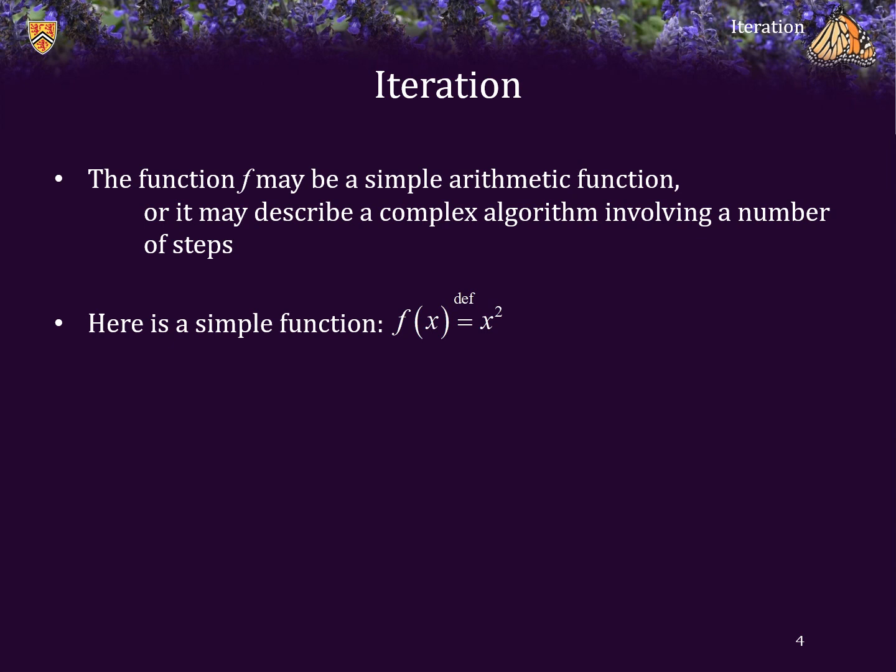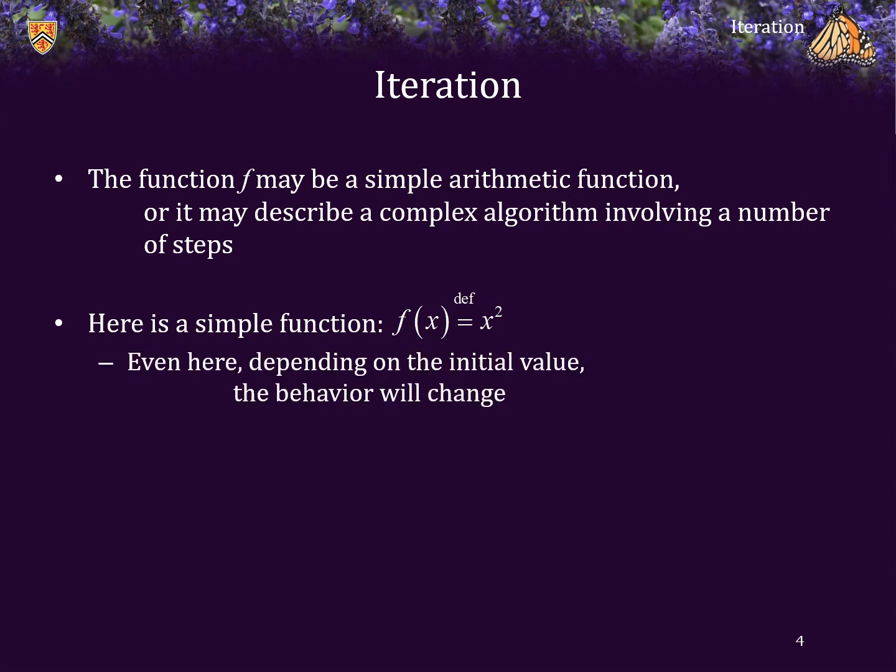Let us define the function f to be such that f takes x and maps it to x squared. So here, once again, the behavior of any sequence on iteration is going to change depending on the initial value. So we are going to look at initial values 0.1, 1, and 2.